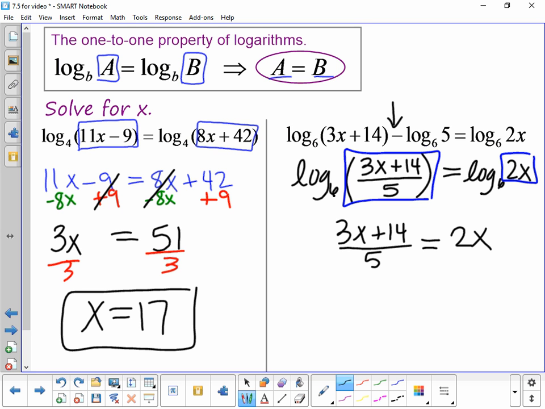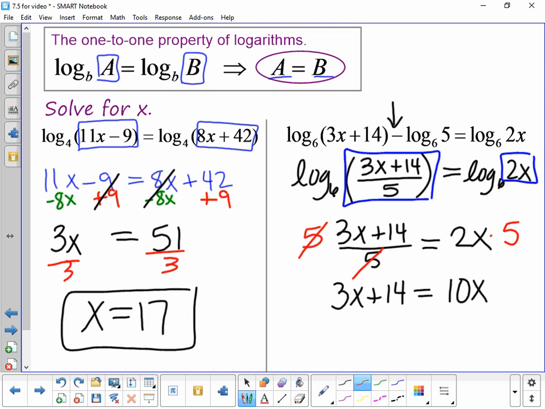If we have a fraction in our equation that we would really rather not have, the way that you deal with that is that you multiply by your denominator. This time our denominator is 5, so we multiply both sides of our equation by 5. That one reduces. So we have 3x plus 14 equals, and 2x times 5 gives us a 10x.